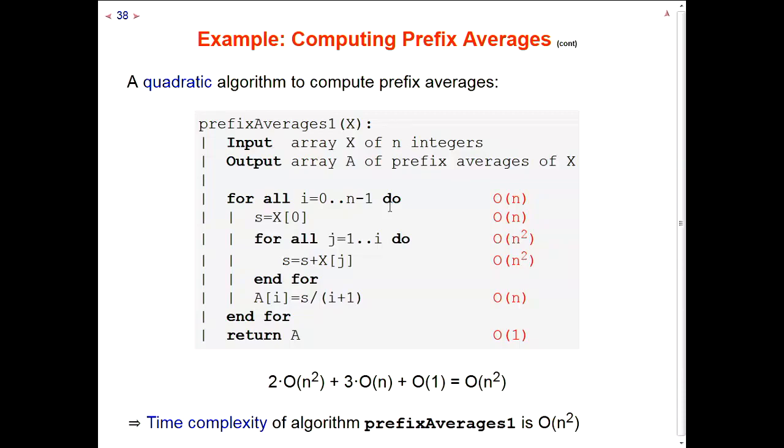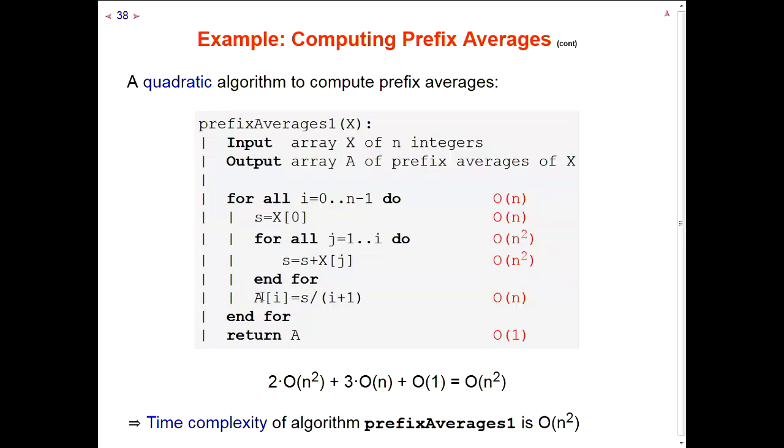So for all indices, you take the first element in your array, and then you add to it all the other elements up to the index i. That gives you the sum of all the elements up to that i. And then you divide this by the number of elements, which is i plus 1, since we always start at 0. And that gives you the ith average.